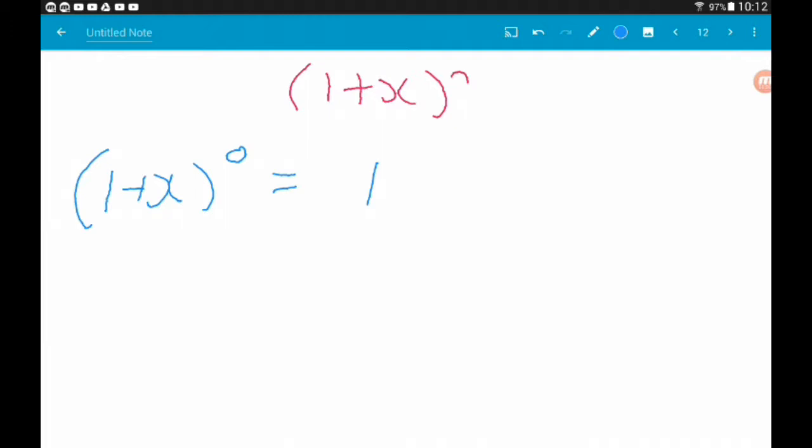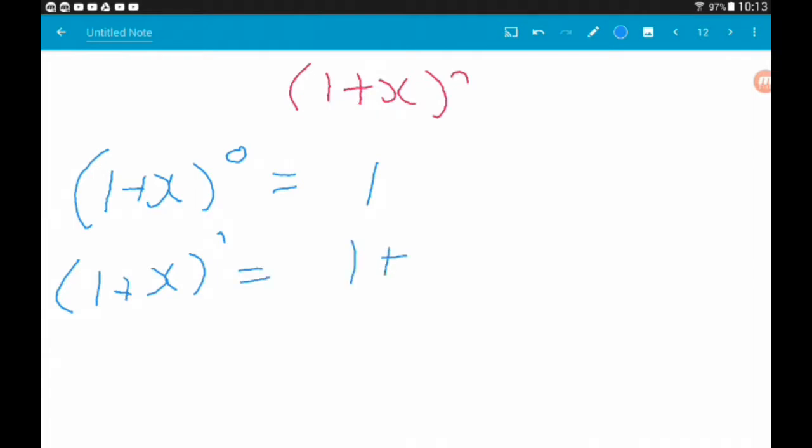So that right there is the nicest binomial expansion you will ever see. Let's go up 1 power. Let's expand 1 plus x to the power of 1. Now, anything set to the power of 1 is just that thing itself. So that's just going to give us 1 plus.